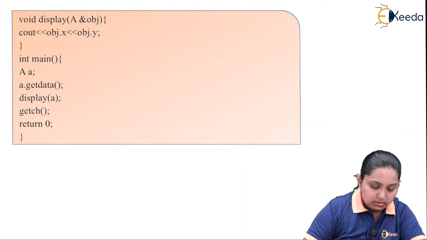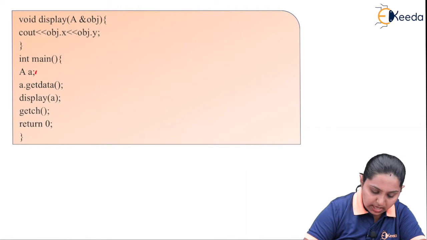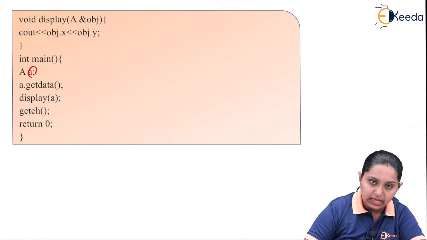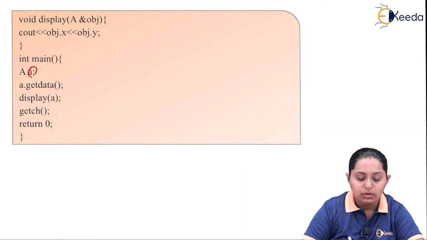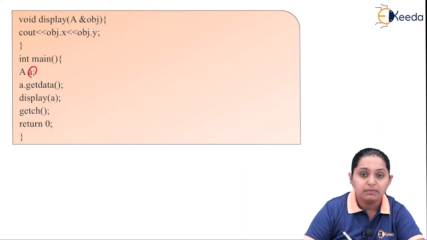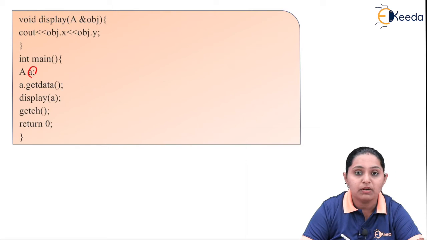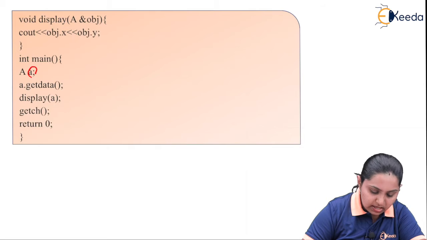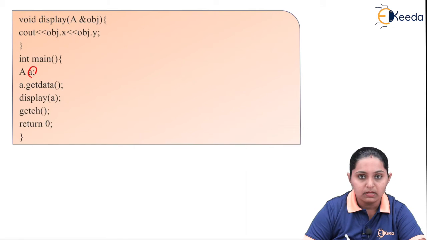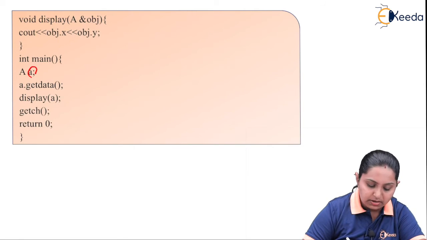Then inside the main function, we are creating the object of A, then a.getdata, then display(a). That means I'm not using any object to call the function display, because display is not a member of class A, it is a friend of class A. But I am providing the parameter a, which is an object of class A. Then getch and return 0.